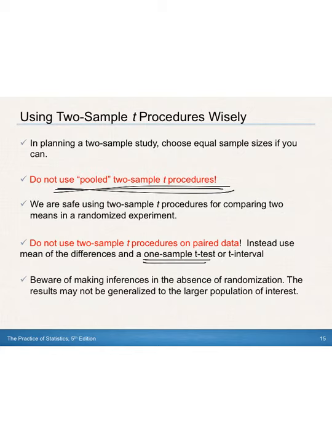Paired data is one person or one thing done two different ways, and so that's a one sample. And always remember that if you have not randomized from the population, a larger population of interest, you cannot make generalizations to that population. You can only make generalizations that are of people that are similar to the ones in the survey or experiment.